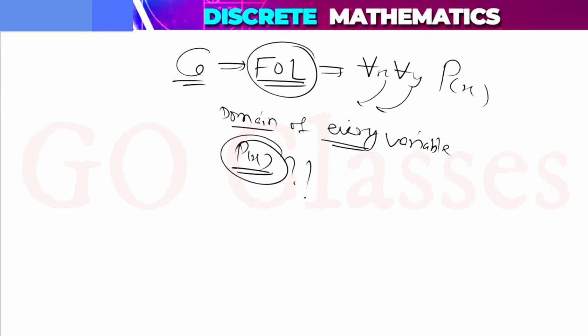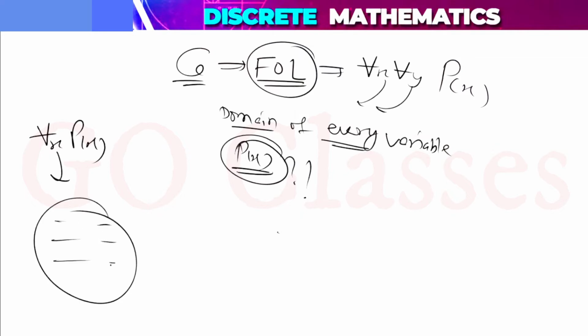Or you can say that if you have a model, let's assume I give you this formula, for all x p(x). Then if I give you this domain D, what additional thing do I need to give you? The additional thing is the value of p for every element.